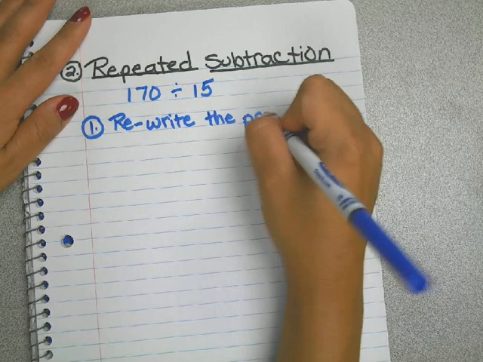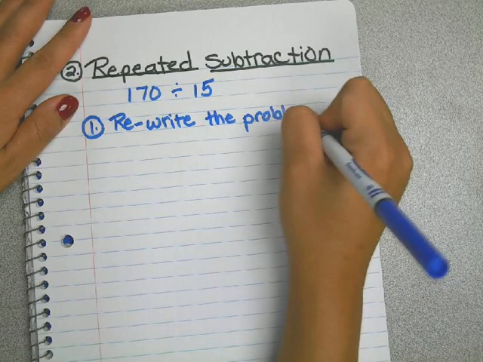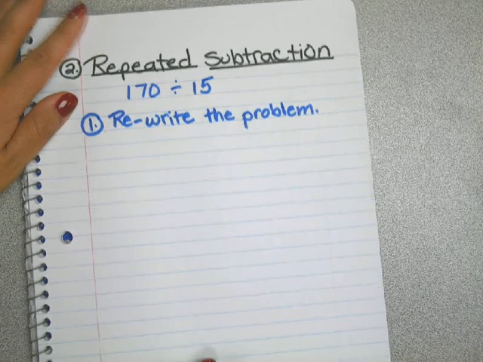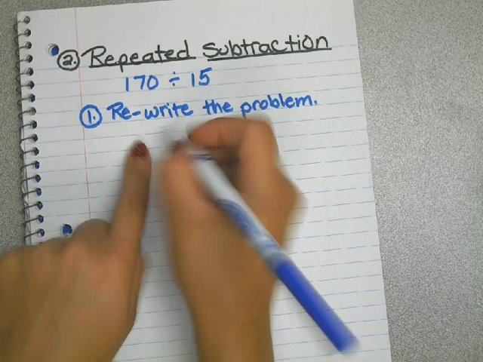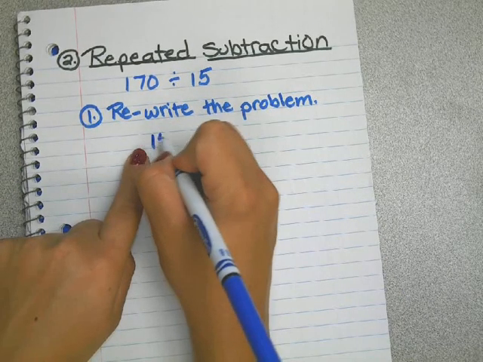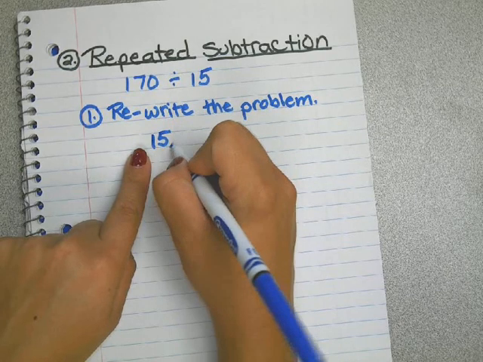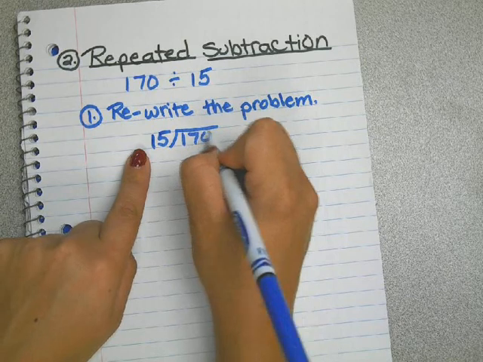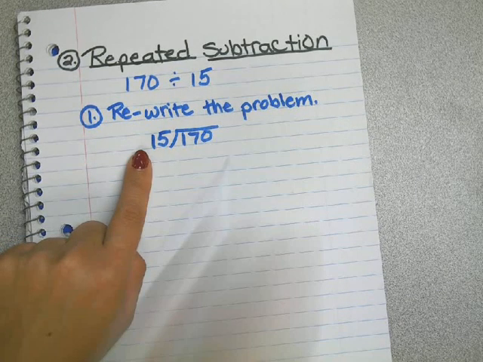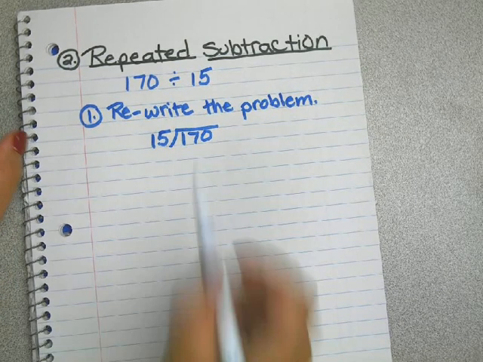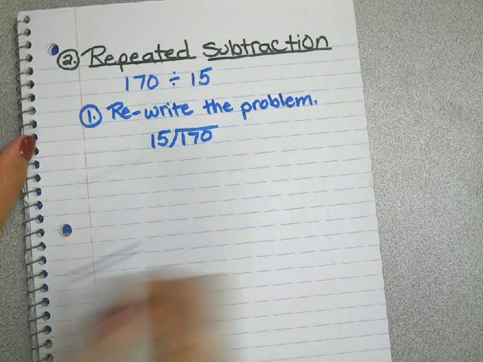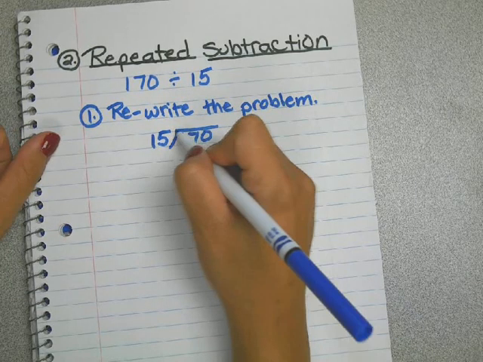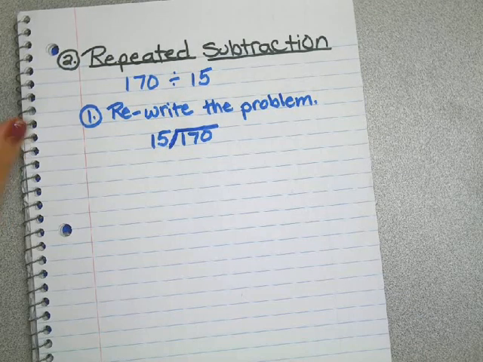Everything that's up here on the board should be in your notes, right guys? Okay. So we're going to rewrite it so the 15 is knocking on the door, and 170 lives in the house. The bigger number is always in the house. I call this the house, and this is the door. Okay.